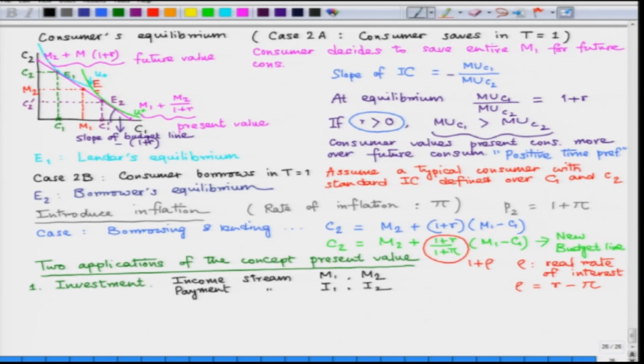So, if that is the case, then how do we value the investment, whether the investment is beneficial for the consumer or not? To judge, there is a concept called net present value that we are introducing now.